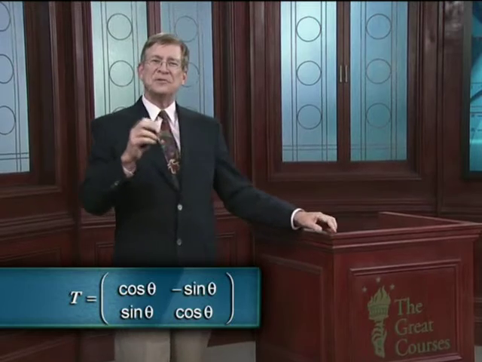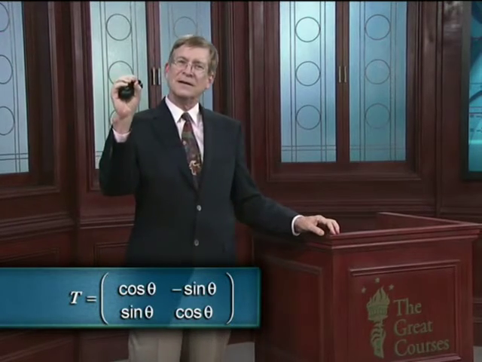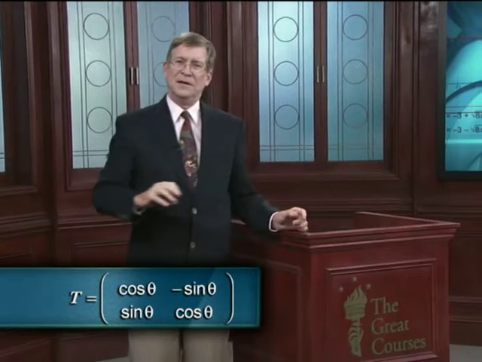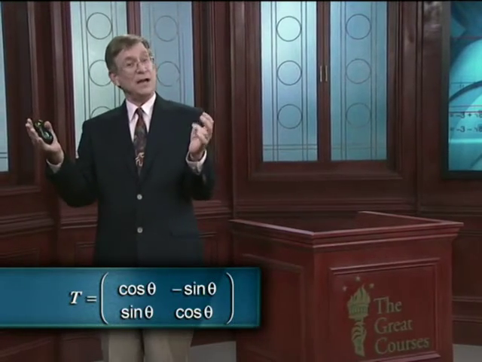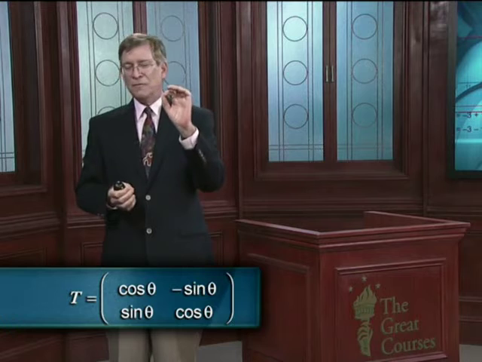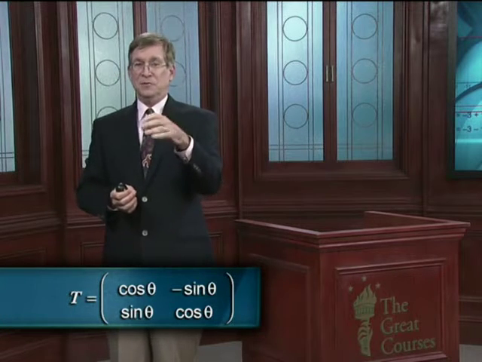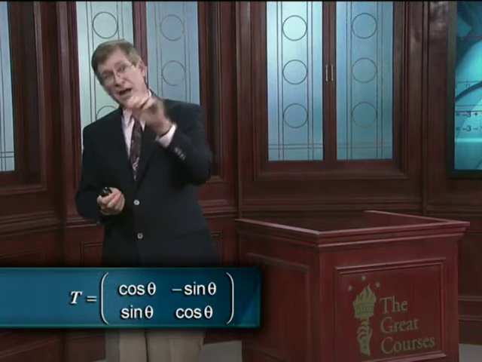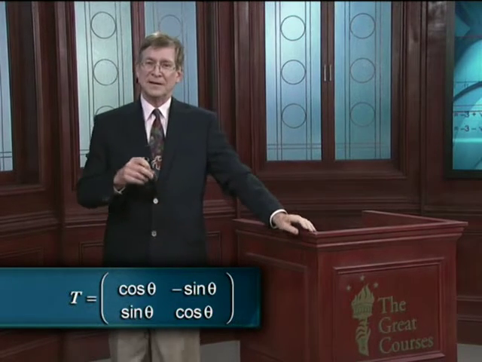Let me challenge you with a more complicated transformation. The 2 by 2 matrix cosine theta, minus sine theta, sine theta, cosine theta. So this matrix, again, is a 2 by 2 matrix. And for a given theta value, an angle theta, compute the cosine and the sine and then fill in the matrix.